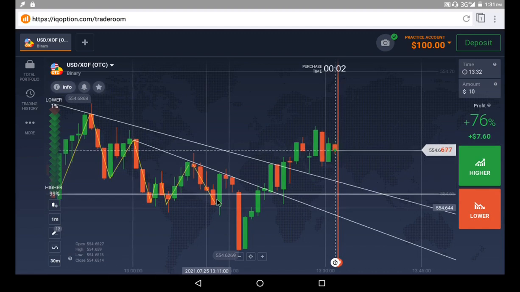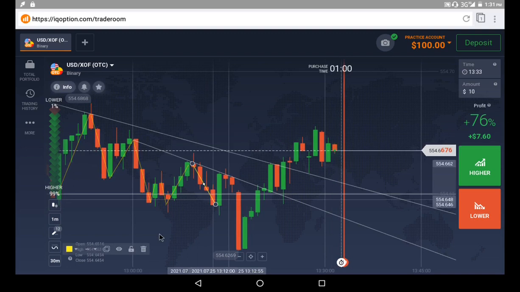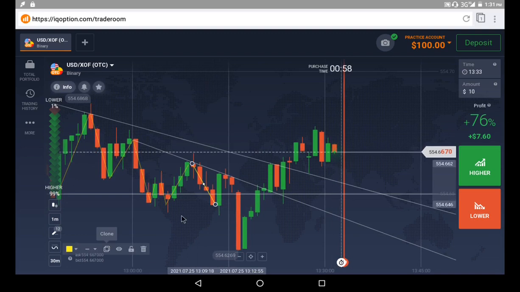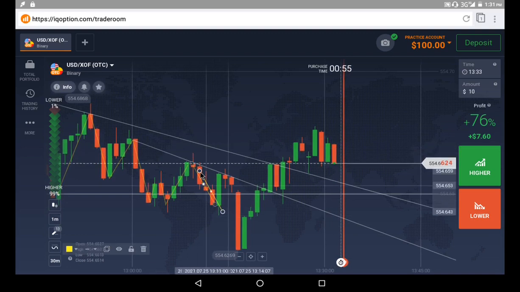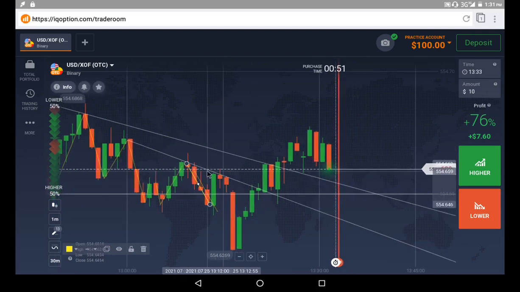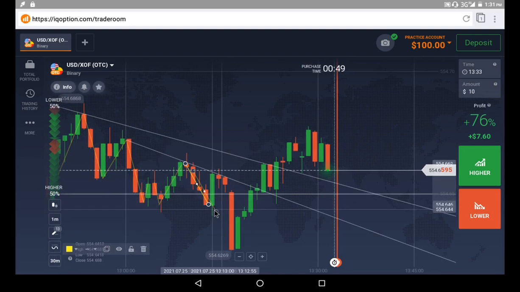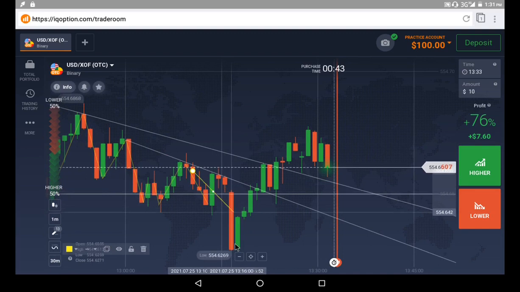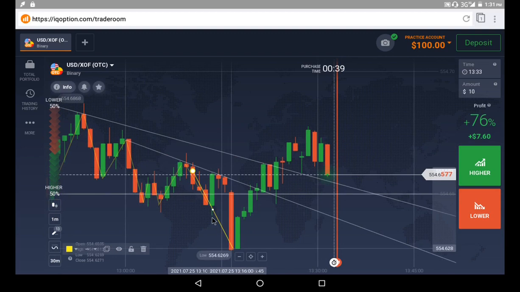Okay, clone this one again. See the sellers entered all the way down.